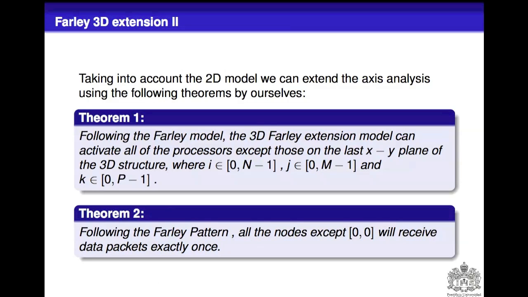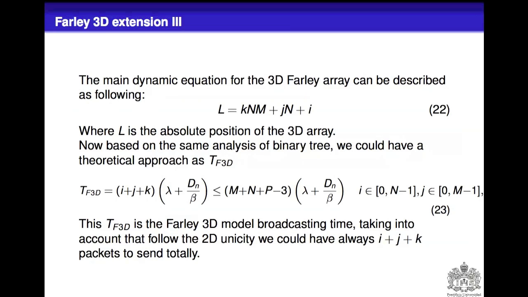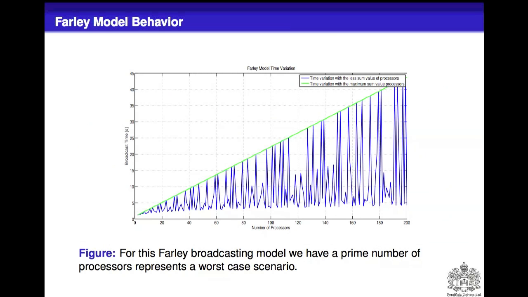Then it is an extension of this array, of course. And if we extend this, we could have the absolute position similarly, in this case advancing in the array in the 3D structure, and at the end we could have this Farey model time that is linear, similar to the 2D structure. As you can see, it is multiplied by the machine parameters too. Okay, and we could assure the unicity for the 3D Farey model, of course.